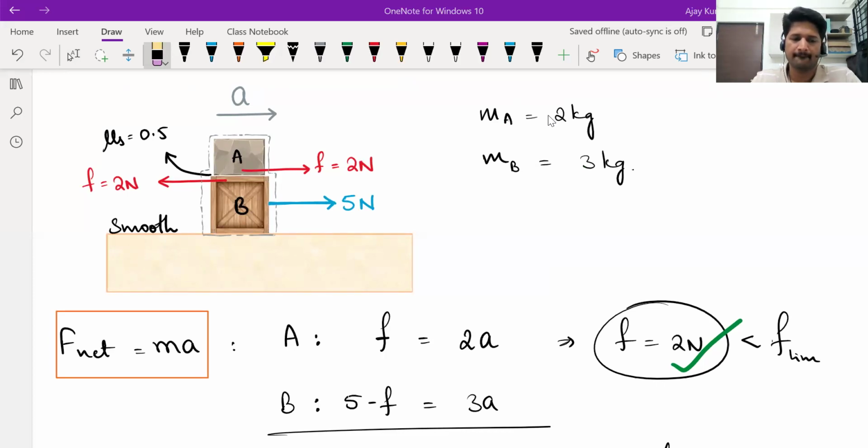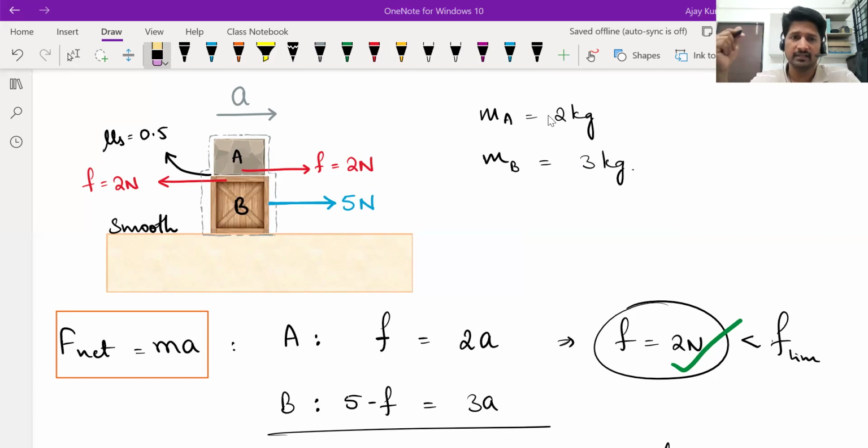So the friction between the blocks will increase. See, now when we are pulling with 5 Newton force, 2 Newton friction is sufficient to make them go together. But you pull harder, okay, you increase the force with which you are pulling, then the system will tend to move with a greater acceleration, no?